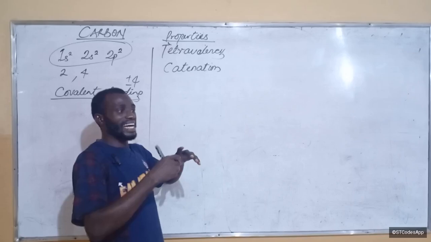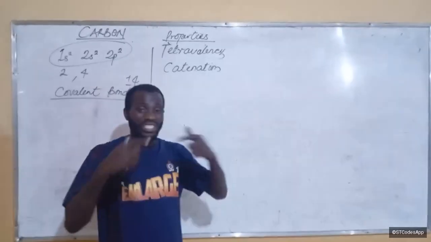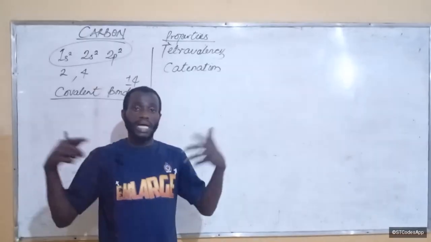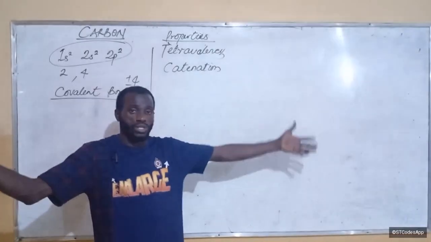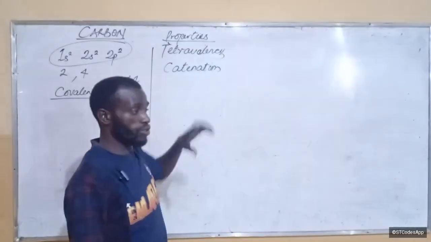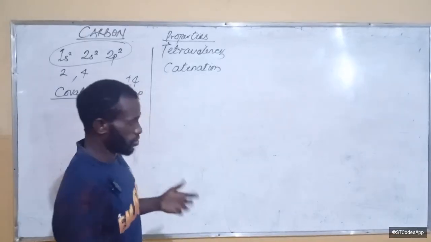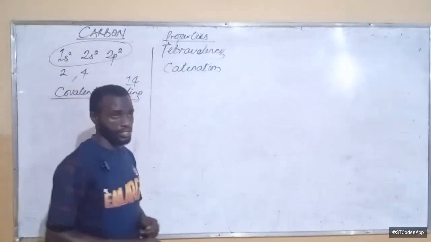So carbon can form long carbon to carbon chains. With itself, it can form long carbon to carbon chains to form a giant molecule. Do you understand? So that is catenation. It can also form those bonds with other atoms as well. So that is what we know as catenation.